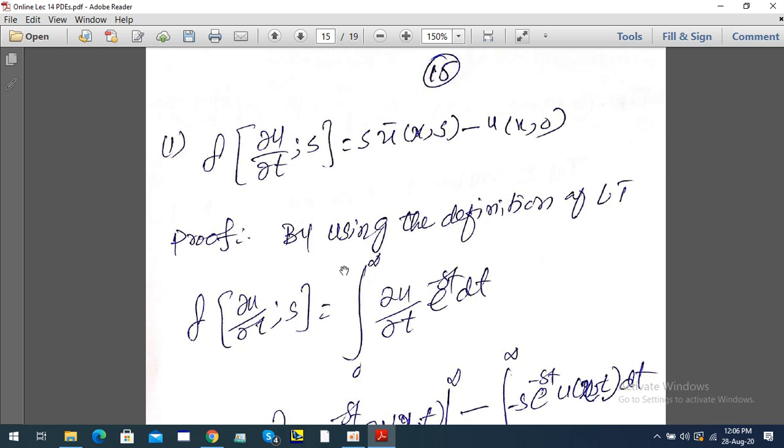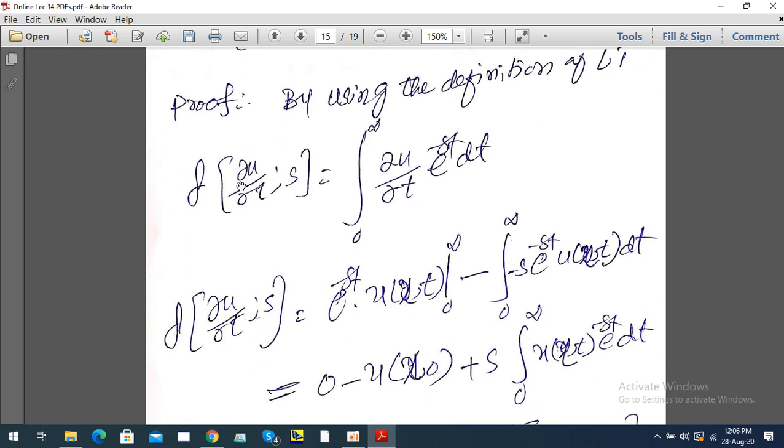By using the definition of Laplace transform, now you can see if u is a function of x, t, so this is not an ODE, now it is a PDE. This is just like dy by dt in the above example; here it is du by dt, partial u by partial t.